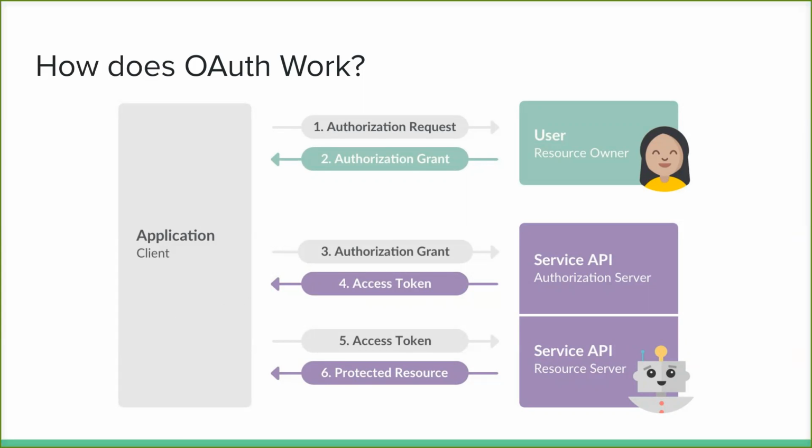That token has an expiration date and a level of access that you're able to get into the system. Whenever you need to request data from Google on the right, you would send that access token. The server is going to notice that you have the correct access token, and it's going to send back its protected resources or data to you.